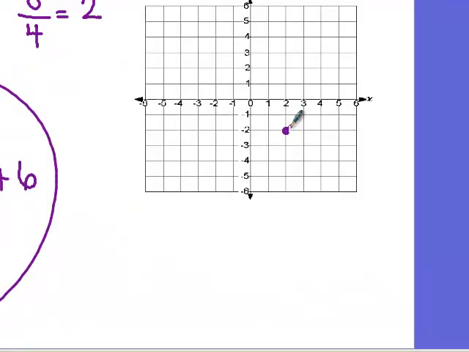Now, to make sure, because we all make mistakes in our calculators, we want to make sure that the graph is going to go in the right direction. So if you look at your A, that is a positive 2. So the graph is going to go up.